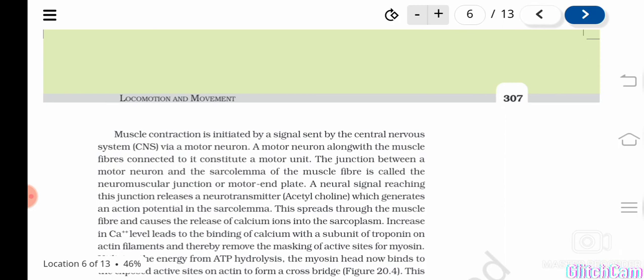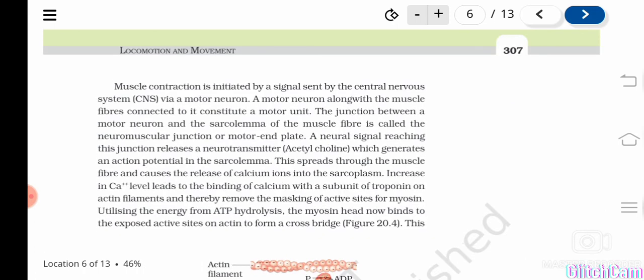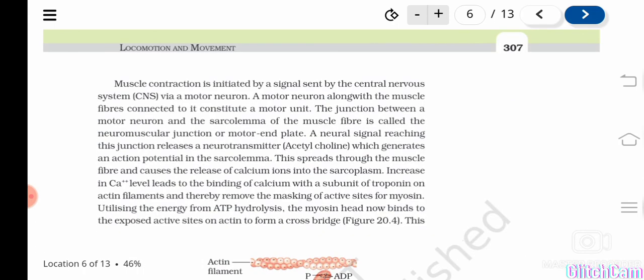I told you already, the sarcoplasmic reticulum has a major function in muscle contraction, because it stores calcium ions. So when this signal reaches the sarcoplasmic reticulum, it causes the release of calcium ions into the sarcoplasm.